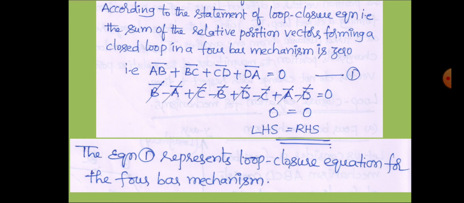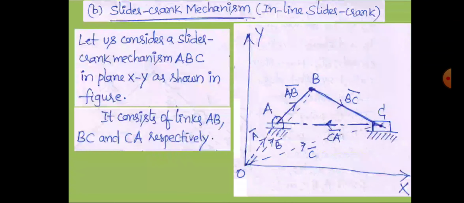So that is going to change. So equation 1 says you have to add all the relative position vectors. The sum of all the relative position vectors is always equal to 0. That is our equation 1, which represents the loop closure equation for the 4-bar mechanism.